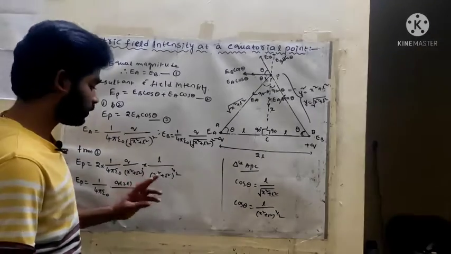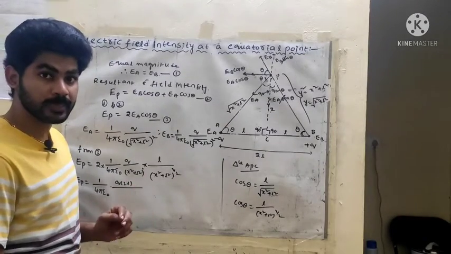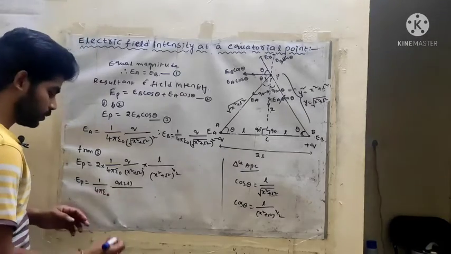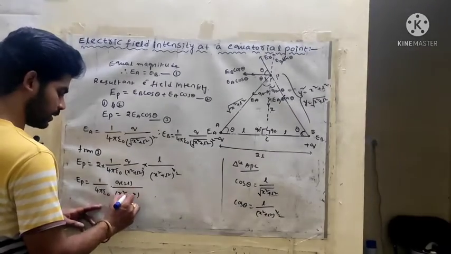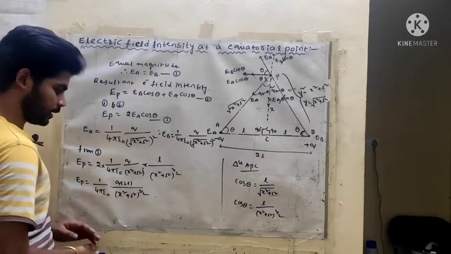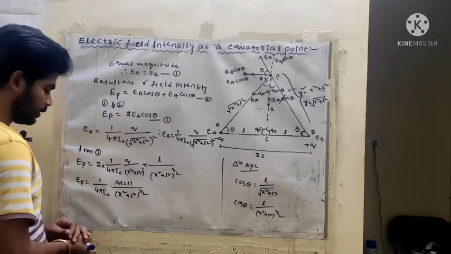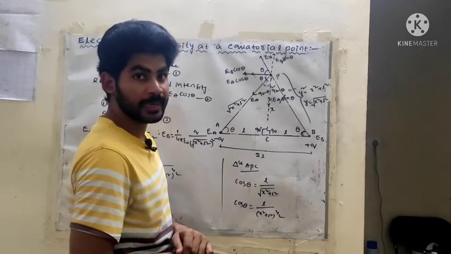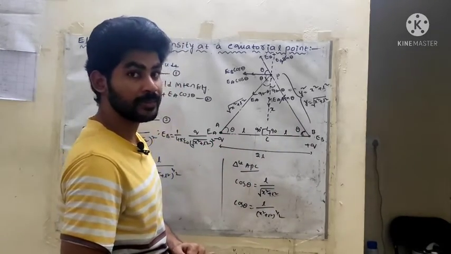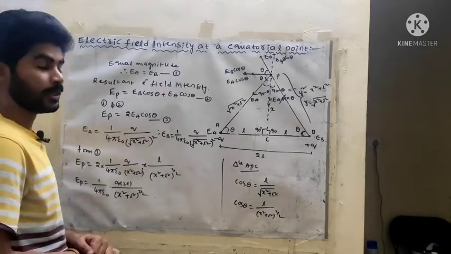So bases are equal, powers are adding, 1 plus 1 by 2 is 3 by 2, so x square plus L square whole power 3 by 2.